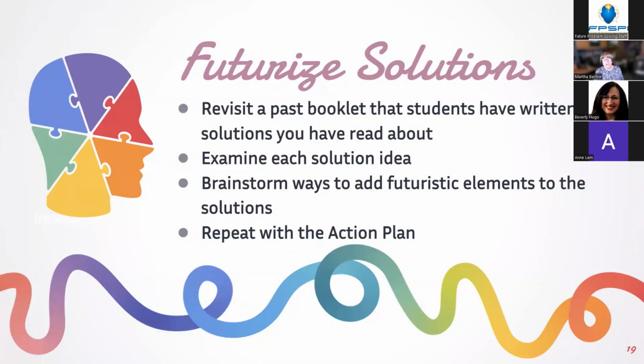Now, this is definitely one that I did with my kids quite a bit. We would revisit a past booklet. Okay, let's take a look at this booklet we just got our evaluations back from, and let's look at the solutions. And for each one, is there a way we could have made that solution more futuristic?